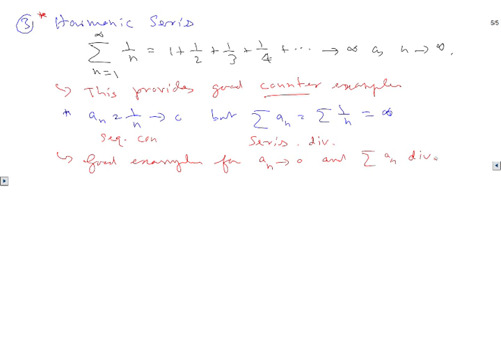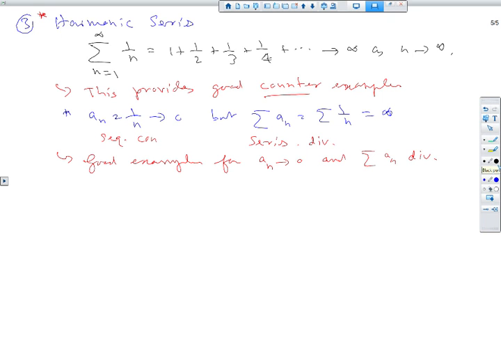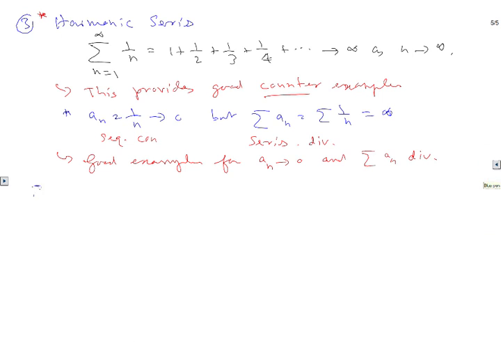Good. So let's do one example from this one. We don't need many. Let's look at this series, n going from 1 to infinity, 1 over n plus 3.